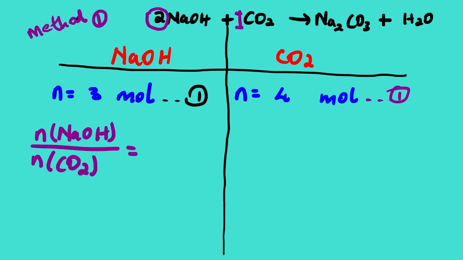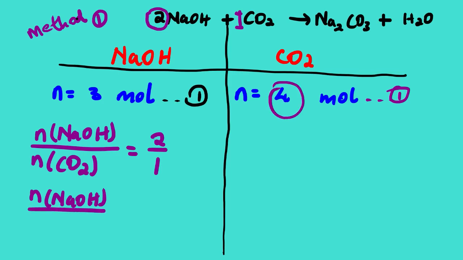So the corresponding coefficient for sodium hydroxide is 2 over the coefficient of carbon dioxide, which is 1. Then from here we have number of mole of sodium hydroxide divided by, we put this number of mole here. So we have 4 equals to 2 divided by 1, which is simply 2.